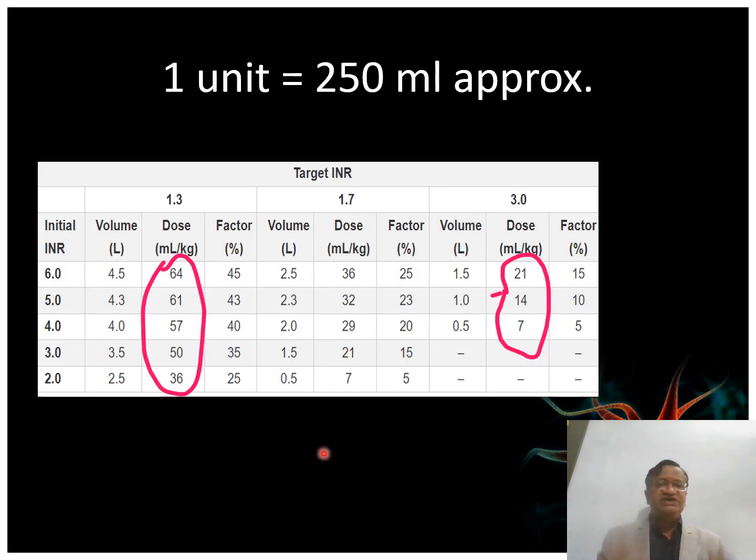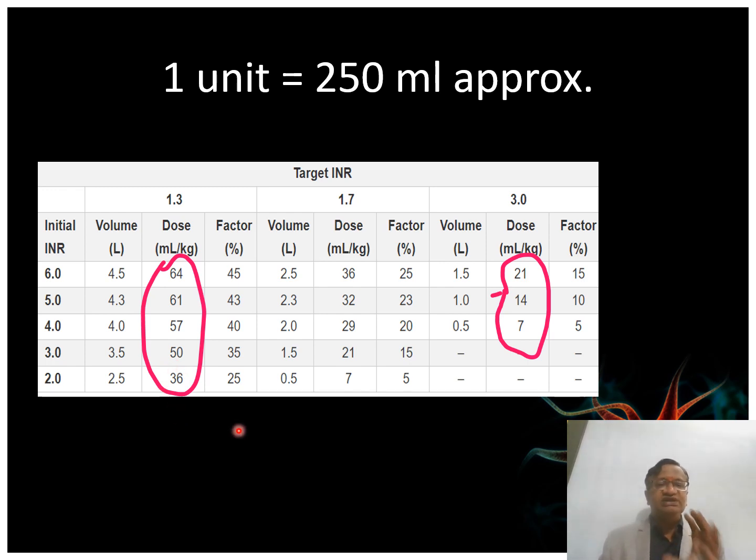Now you see how much FFP has to be given. If your INR is 6 and your target is 1.3, then you have to give about 60 ml per kg. If your INR is 2, you may need to give 30 ml.